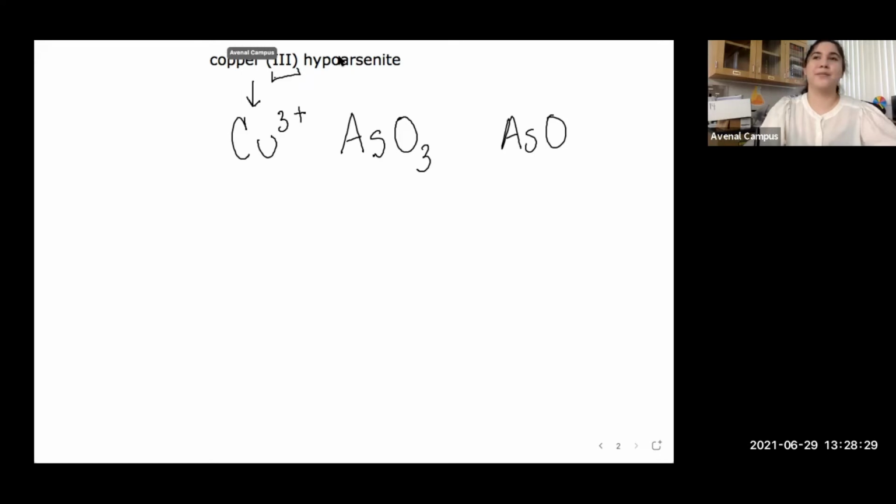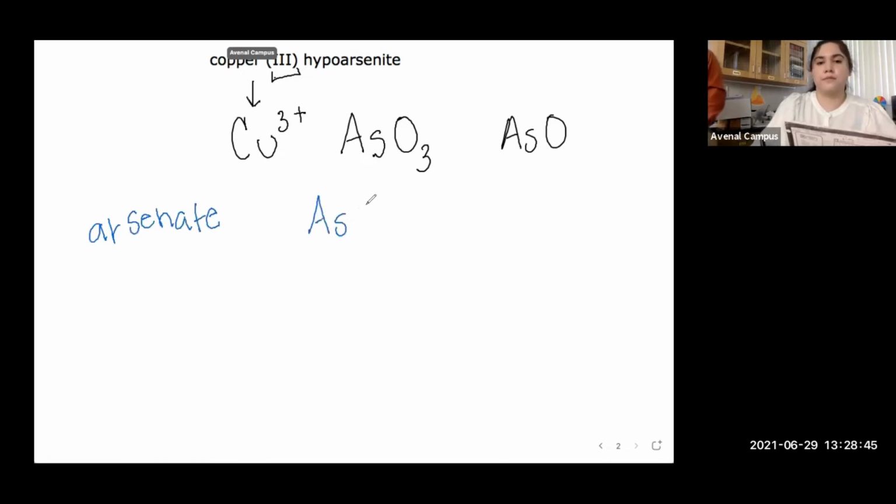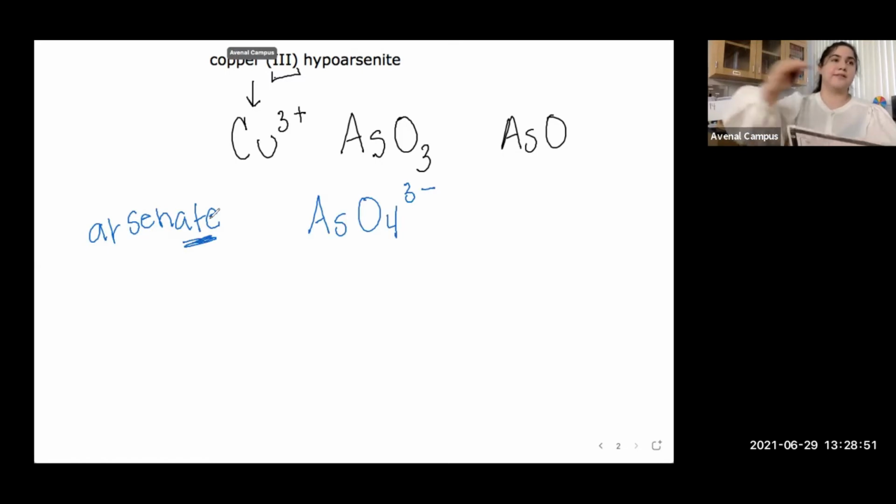Okay, so look on your polyatomic table. Is there arsenate on there? So what does arsenate look like? Is it O3? AsO4. So then remember the stairs.